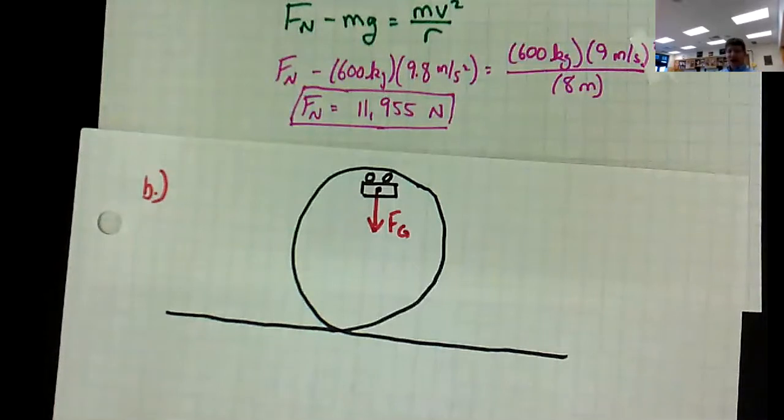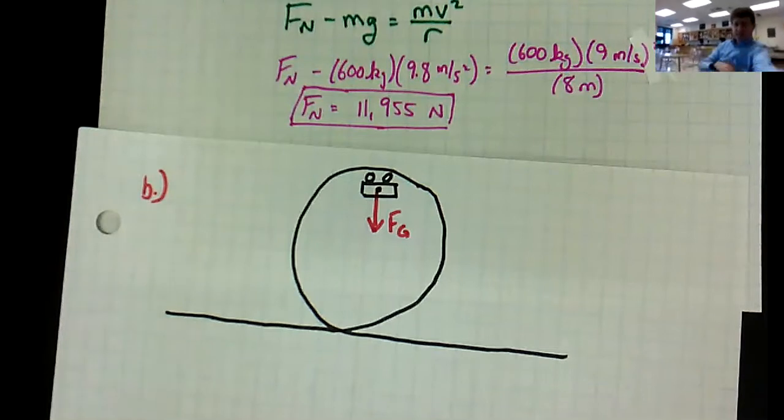And this is why I showed you the demo with the hoop a moment ago, because the hoop was what was pushing the marble in, to give it a centripetal force. So in this case, which way is the normal force going to point, up or down? What do you think? Is it down?